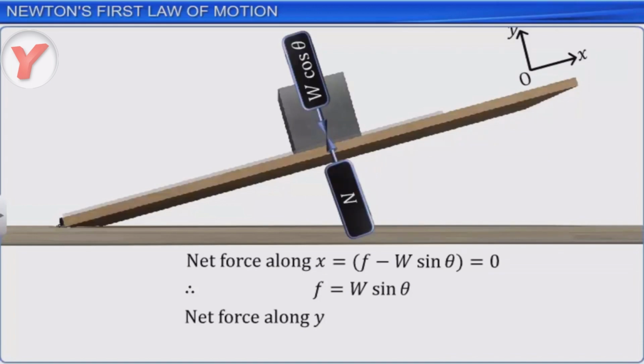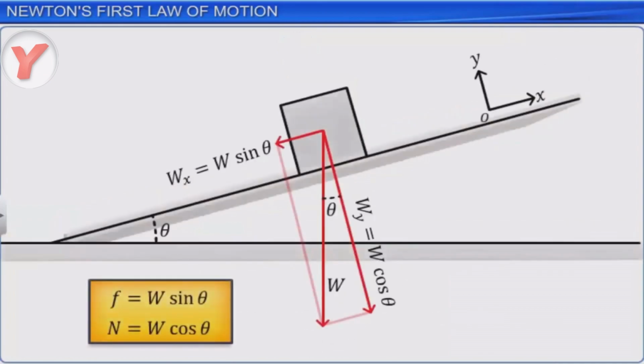We can now write net force is equal to N minus W cos theta, which is equal to 0, or N is equal to W cos theta. We have used Newton's first law of motion to find the value of F and N, which were not known to us.